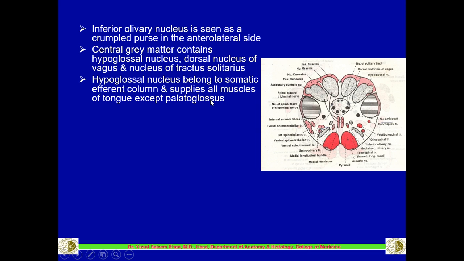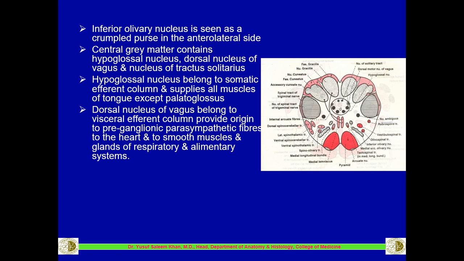When you study the tongue again, you will appreciate the different muscles of the tongue, and one of them is the palatoglossus, which is not supplied by the hypoglossal nerve. All other muscles are supplied by the hypoglossal nerve. The nucleus of this hypoglossal nerve will be present in the medulla oblongata around the central gray matter.